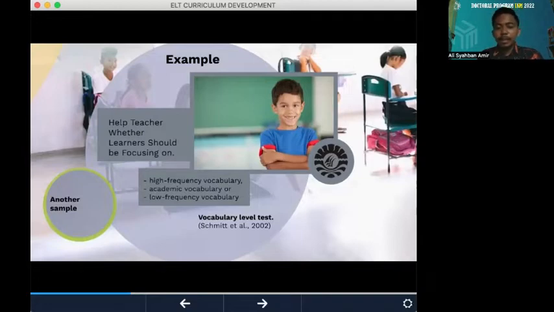This is a very important decision because high frequency vocabulary and low frequency vocabulary need quite different teaching strategies. For high frequency vocabulary, every word deserves individual attention in a variety of ways. Different from that, for low frequency vocabulary, the focus should be on the development of vocabulary learning strategies that learners can use independently of a teacher.